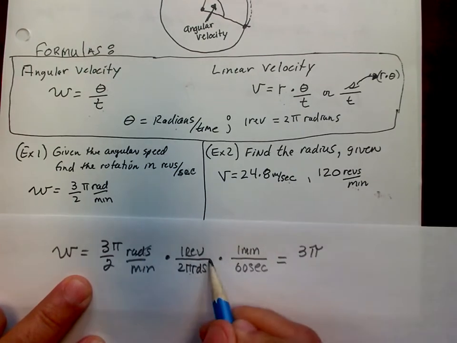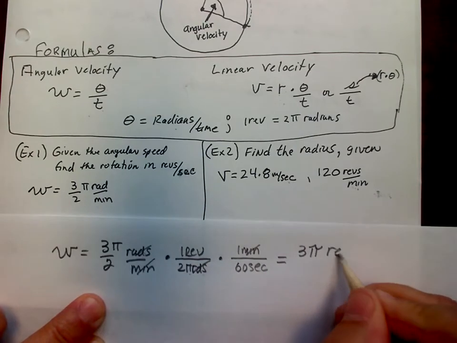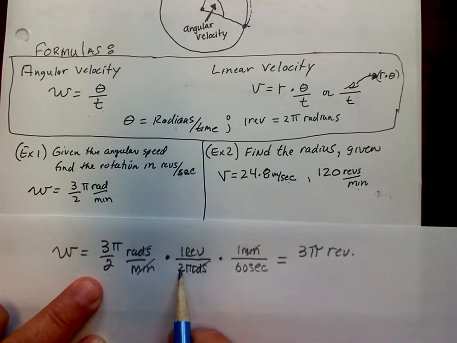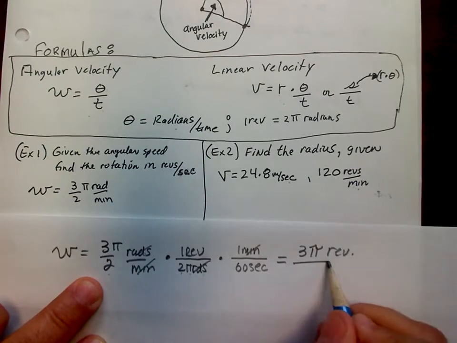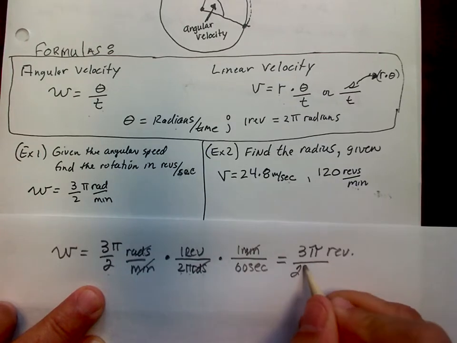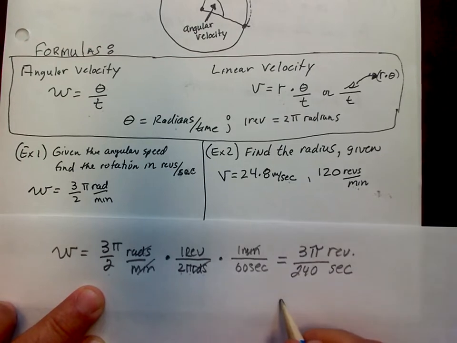Notice the radians reduce, minutes reduce, and we're left with revolutions. In my denominator, if I multiply 2 times 2 times 60, we get 240 seconds. Reducing this ratio, we get pi.